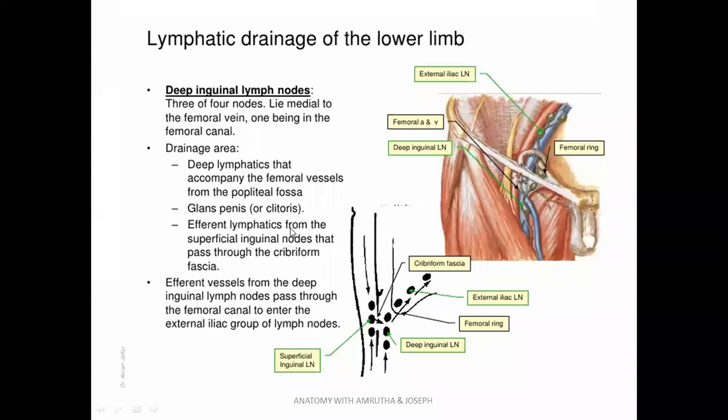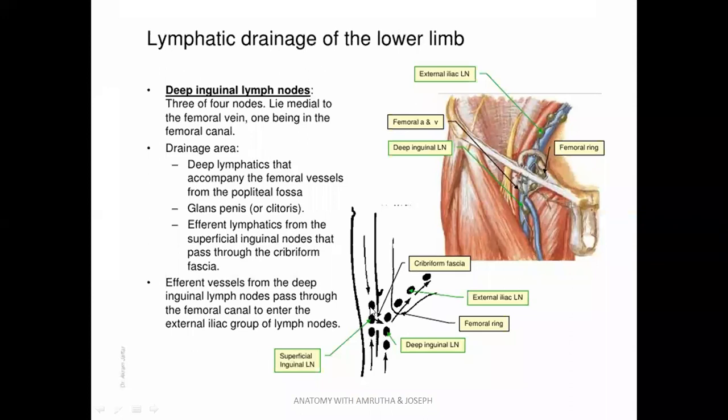So efferent lymphatics from the superficial inguinal nodes pass through cribriform fascia. Some of the lymphatics from the superficial group of lymph nodes, which we have already seen, also drain into deep inguinal lymph nodes. We can see here the deep inguinal lymph nodes located in this area.